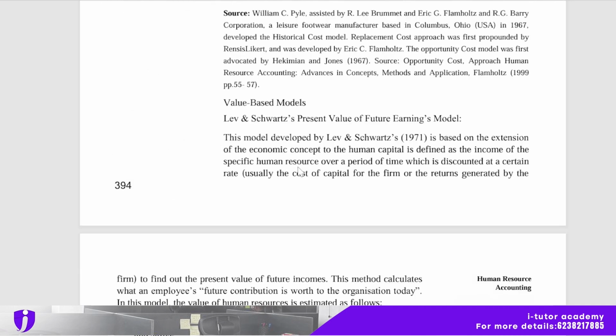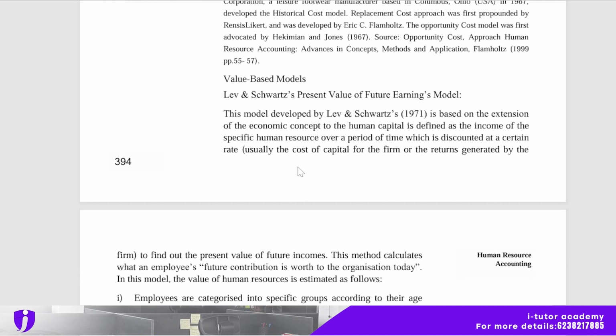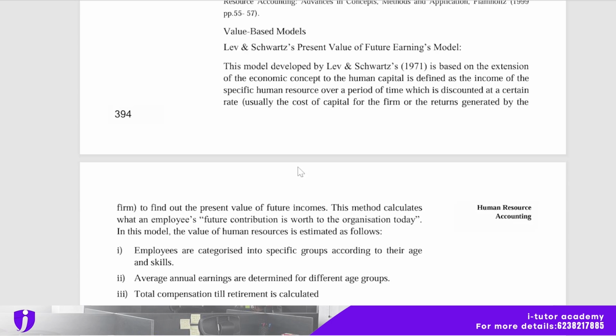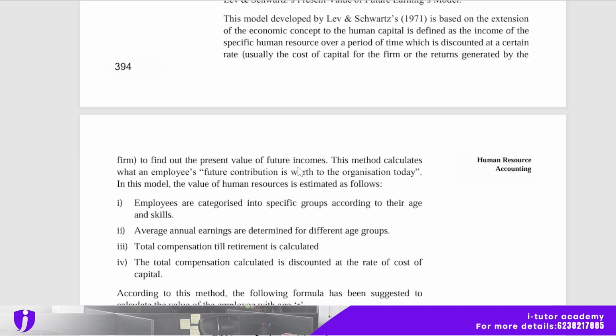And value-based models are also there, Lev and Schwartz's present value of future earnings model. This model was developed by Lev and Schwartz and is based on the extension of the economic concept to human capital, defined as the income of the specific human resource over a period of time, which is discounted at a certain rate. In this model the value of human resources is estimated as follows.